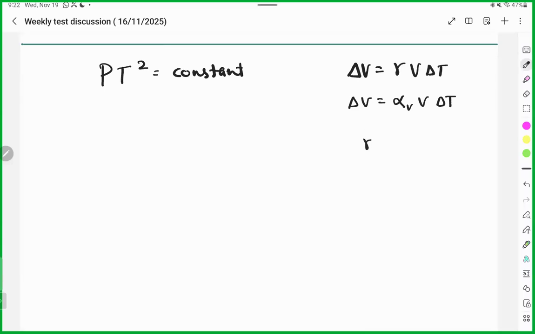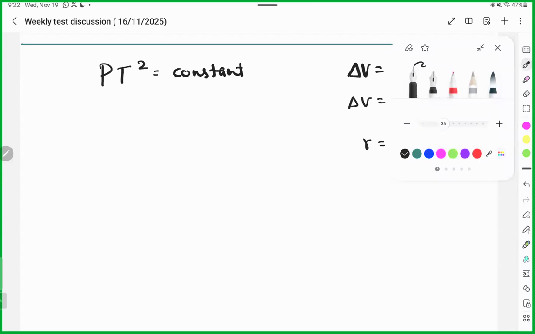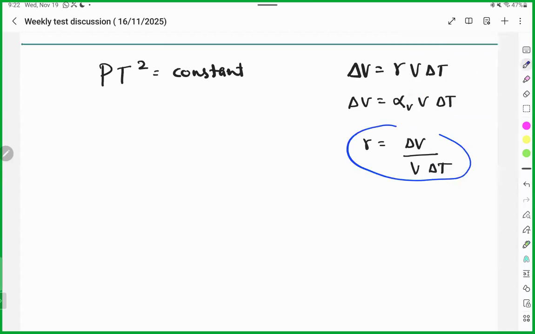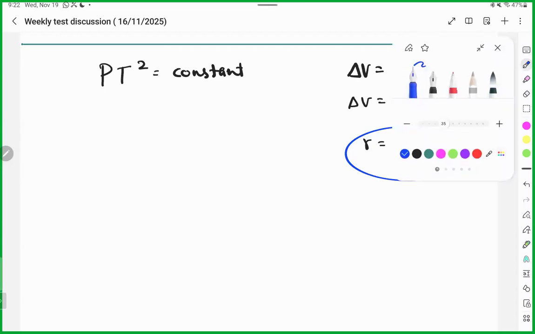If I have to calculate, let's say gamma, it will be delta V by V delta T. This is what I have to calculate. For this, I need delta V by V as well as delta T. How should I do this, differentiation?